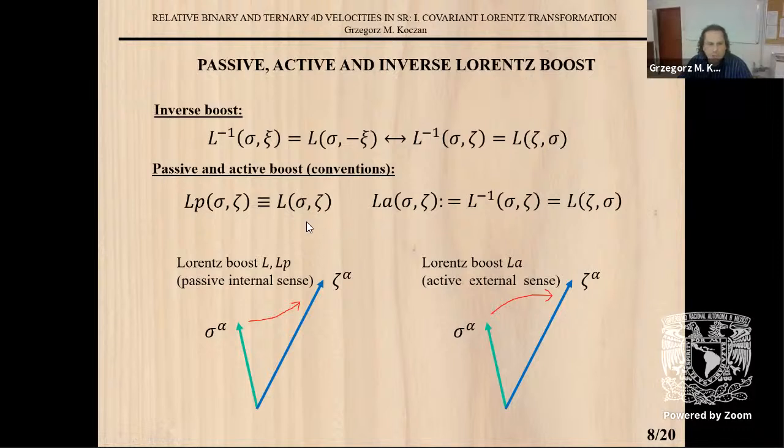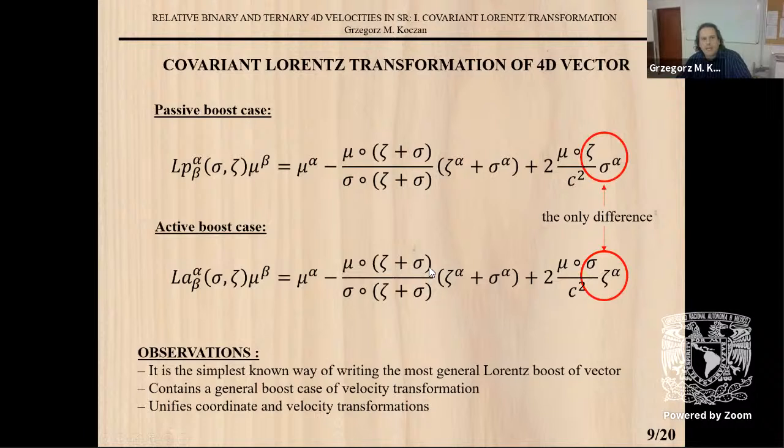Of course, we can define Lorentz passive boost and Lorentz active boost, and check for the graph, for example, convex and concave arrows. It doesn't matter. It's not very important. Explicitly, the form of the covariant Lorentz transformation is here.